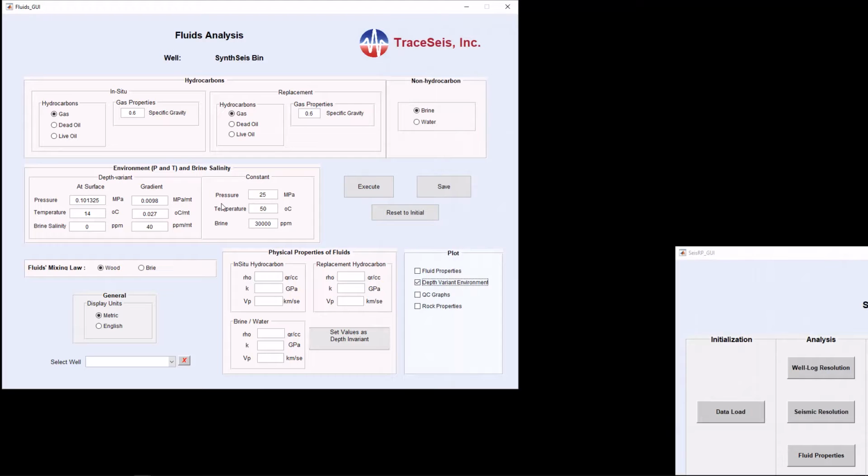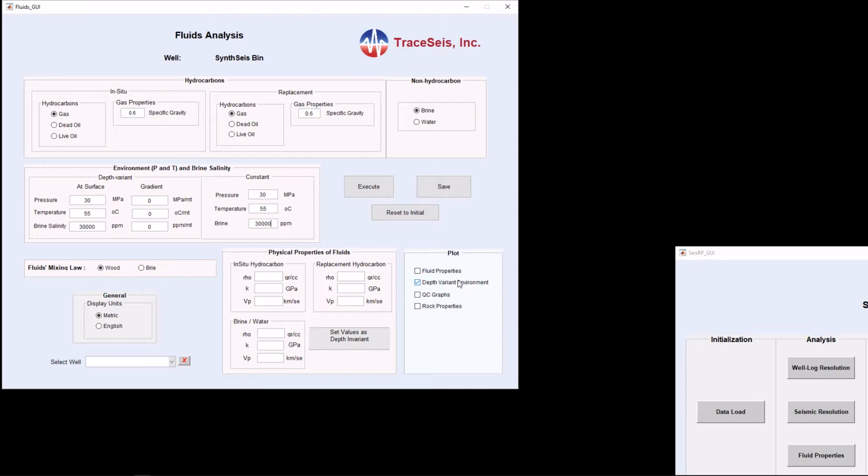We can also compute these properties as constants. Let's say that we want to use a pressure of 30 megapascals. We type it here and we see that this is equivalent to a pressure of 30 megapascals at the surface and a gradient of 0 megapascals per meter. Let's do here 55 degrees centigrade, and finally let's keep the salinity at 30,000 parts per million.